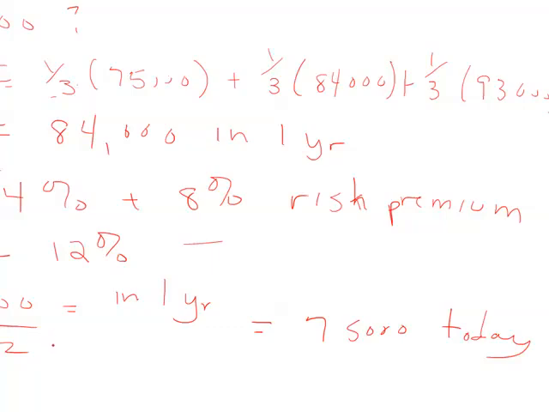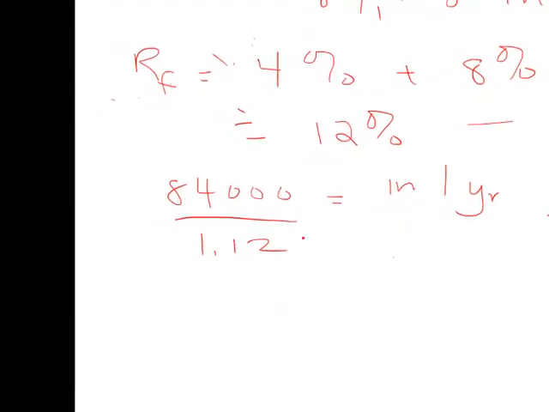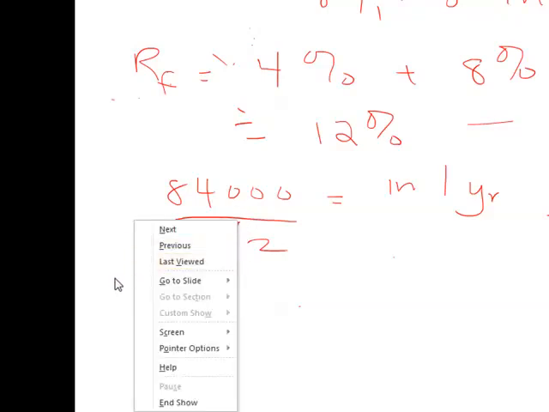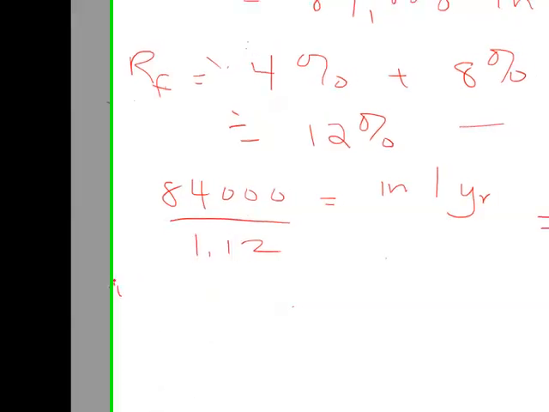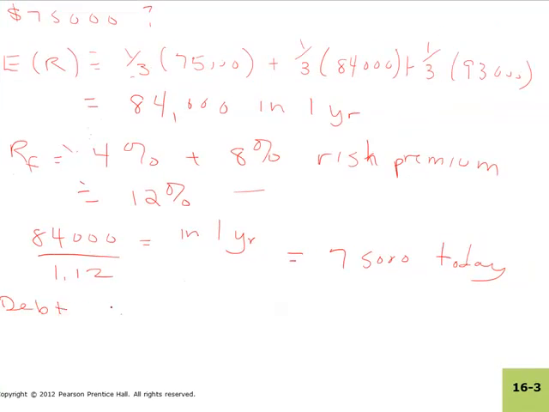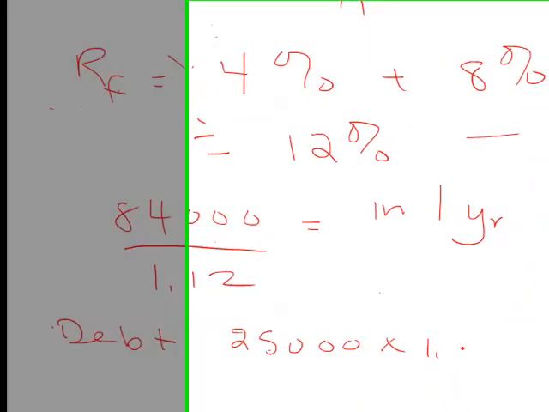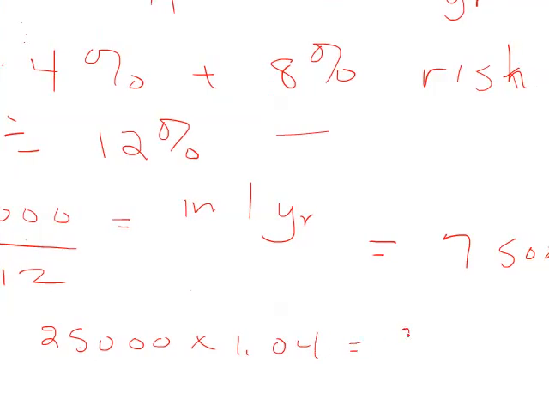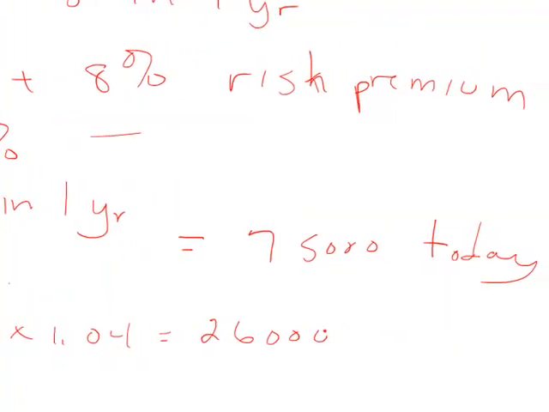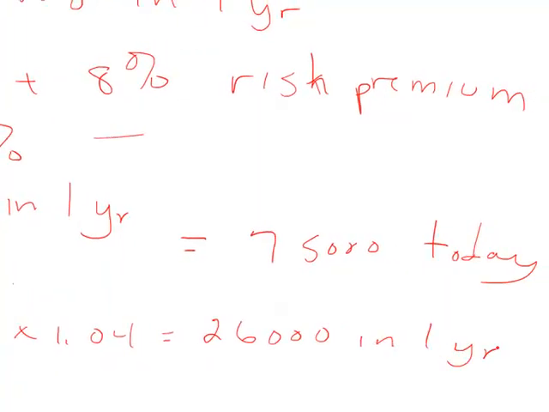So what's the return that you're getting? Well, first you have to look at what you have to give up to the debt holders. You are borrowing $25,000 at a 4% rate of interest, so you're going to owe $26,000 in 1 year.